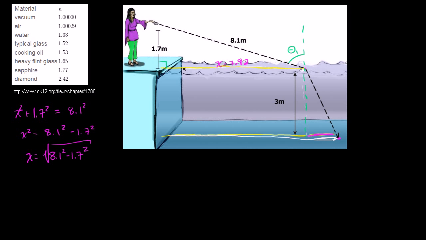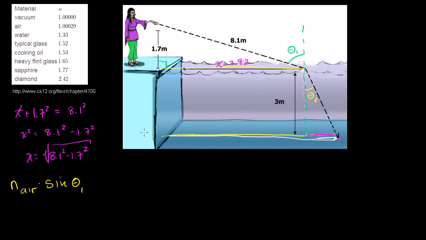So we know this is our incident angle. This is our angle of refraction. We know that the index of refraction for this medium out here, and this is air, so it's the index of refraction for air times the sine of theta 1.